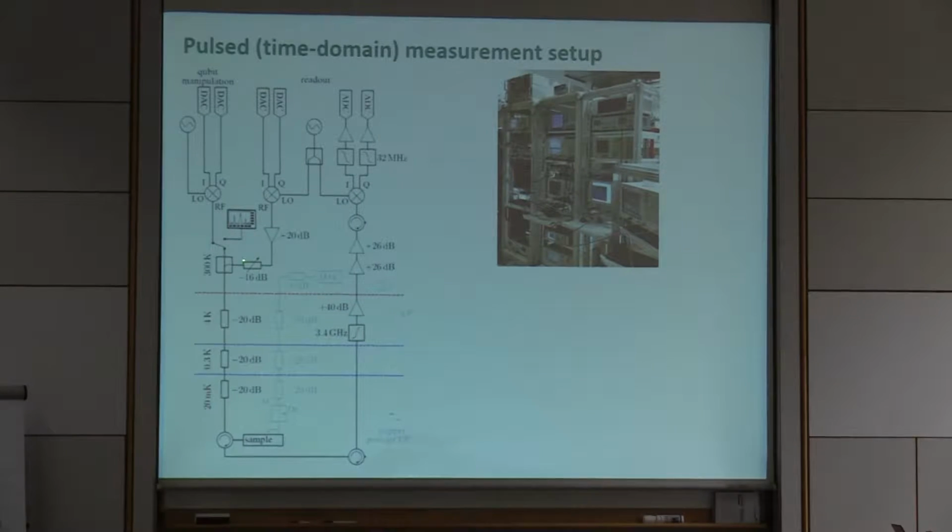So we have a few gigahertz signal here. Also here we have down conversion into the megahertz regime, and then we digitize it with an analog to digital converter here. We have two circulators at 20 millikelvin.